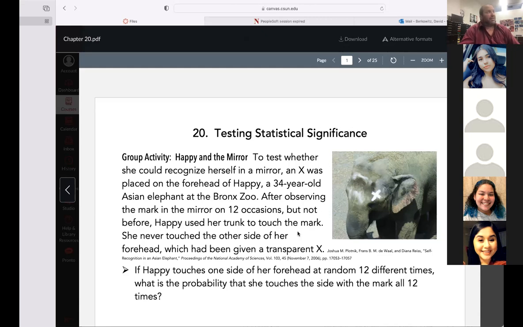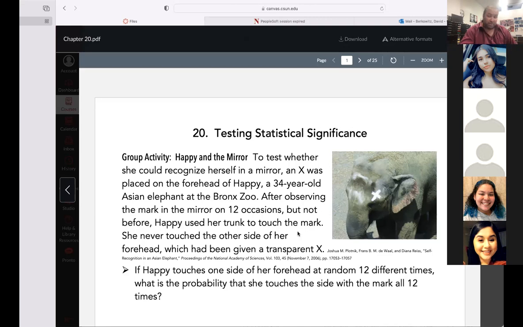So if I got 500, 500, or 510, 490, or something in that vicinity, would you have any evidence to suggest that it wasn't fair? No. What if I flipped it 1,000 times and I got 900 heads and 100 tails?